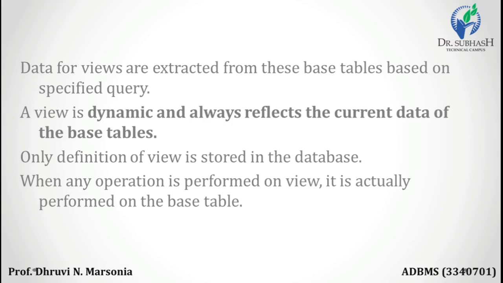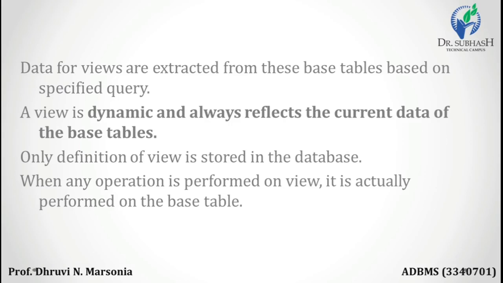A view is dynamic and also reflects the current data of the base table. If my view is created on the student name column of the student table, all the operations I do in the view are affected in the base table. Only the definition of the view is stored in the database, not the data.